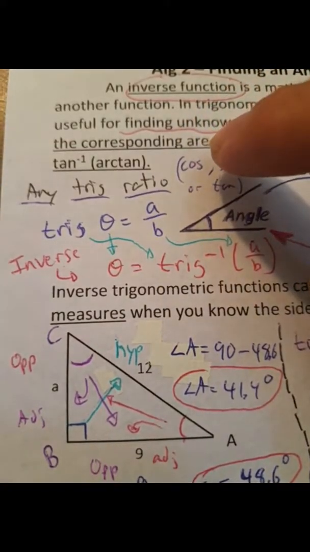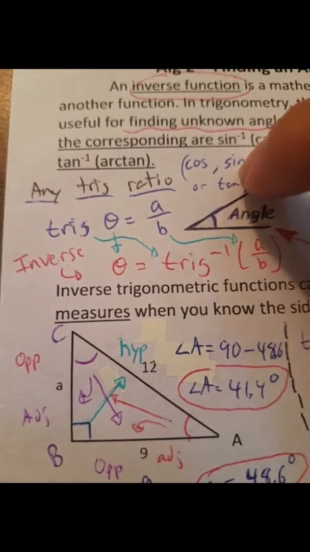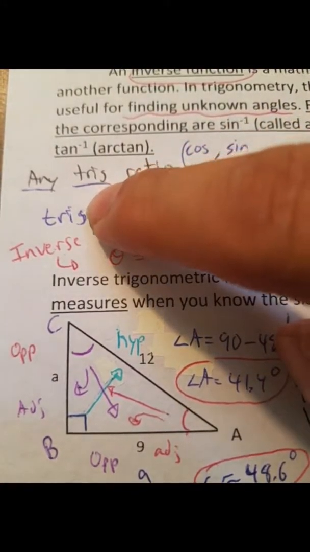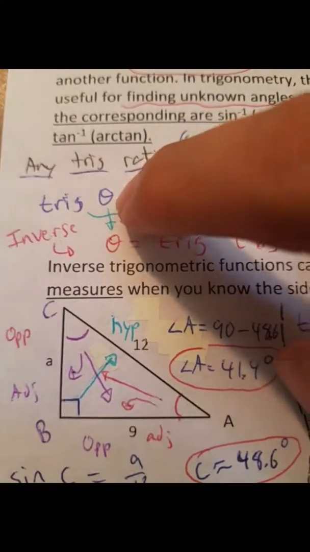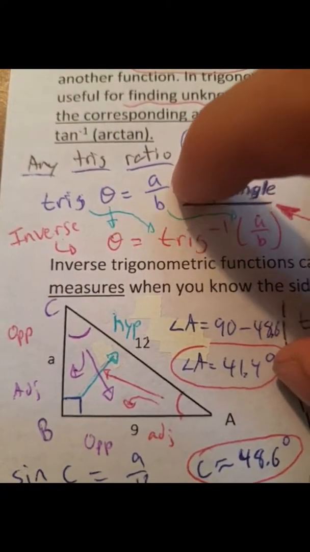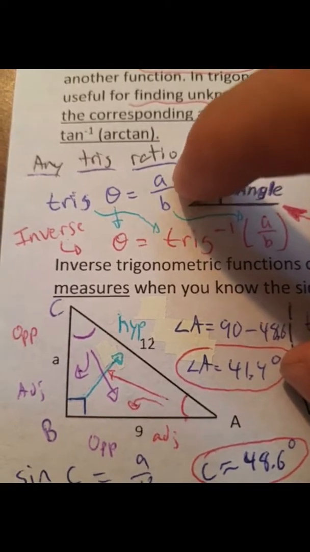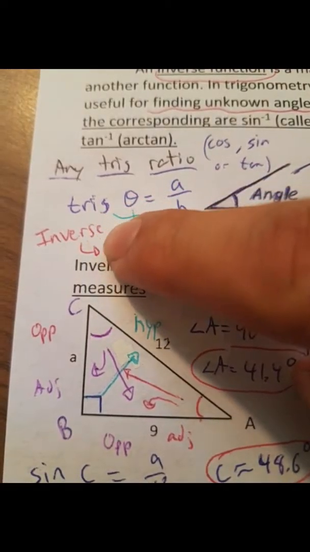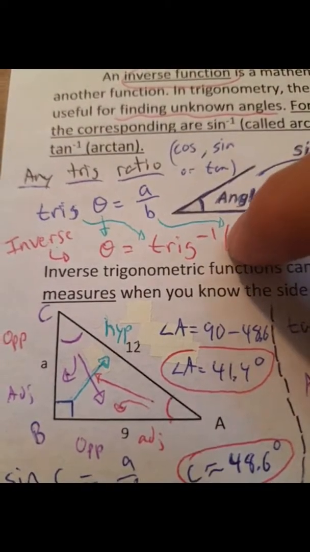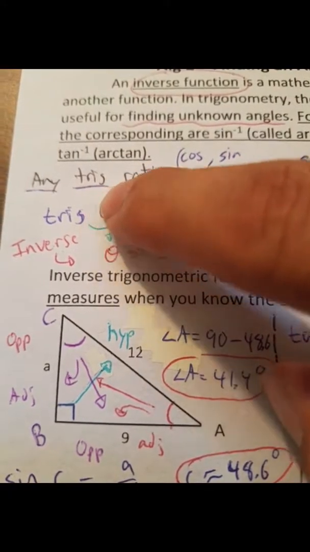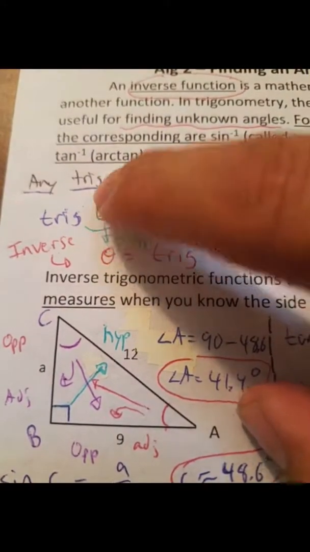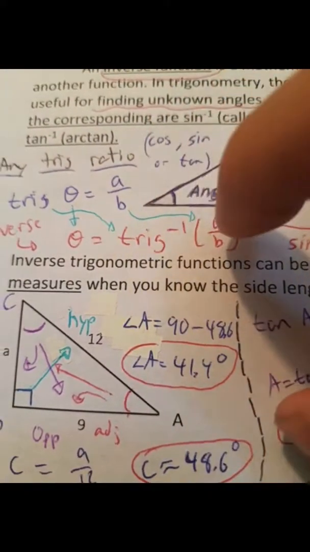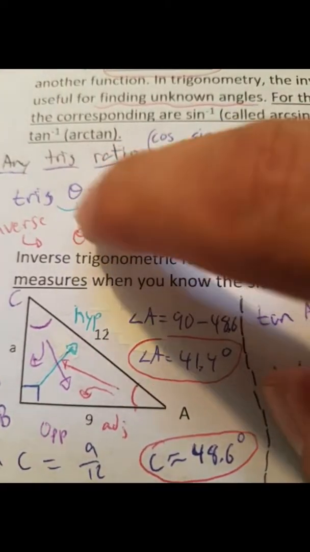Any trig ratio, meaning cosine, sine, or tangent, of an angle equals A over B, any opposite or whatever out of whatever hypotenuse. To solve for an angle, you use this format for inverse trig: if this is cosine, it's cosine inverse, or sine, or tangent, of that same ratio. If you do this in the calculator, you will get back your angle.